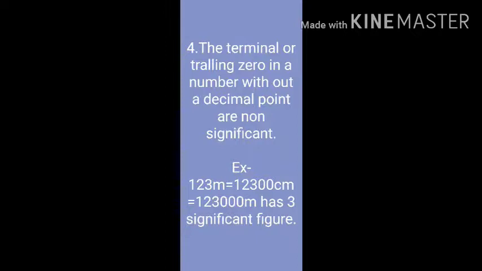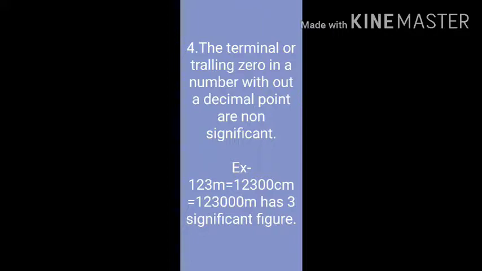Number 4, the terminal or trailing zeros in a number without a decimal point are non-significant. That is 123 meter, 12300 centimeter, 12300 millimeter has 3 significant figures, because the trailing zeros after 3 are non-significant.